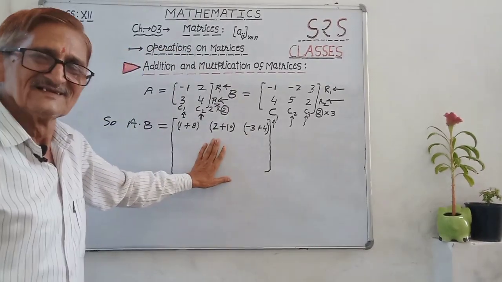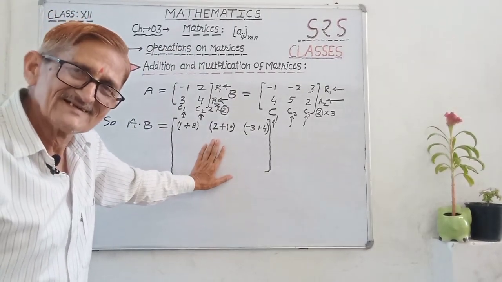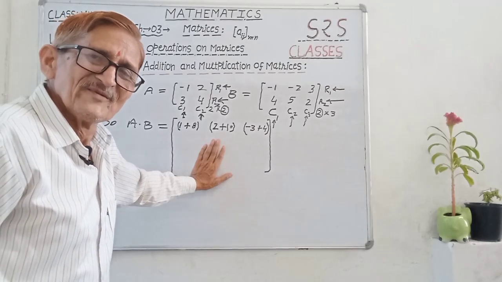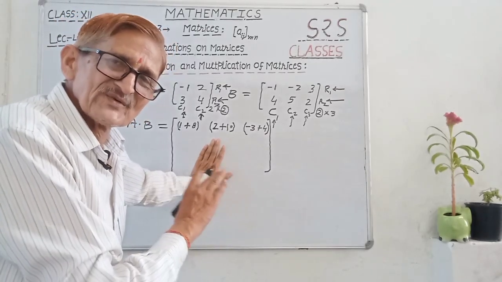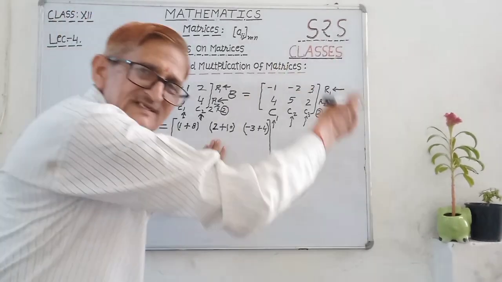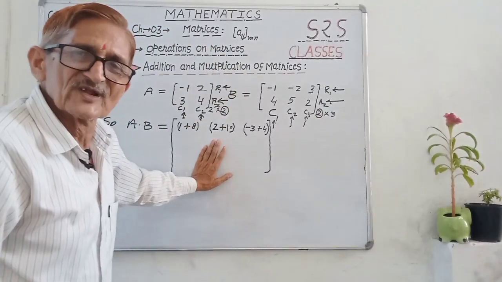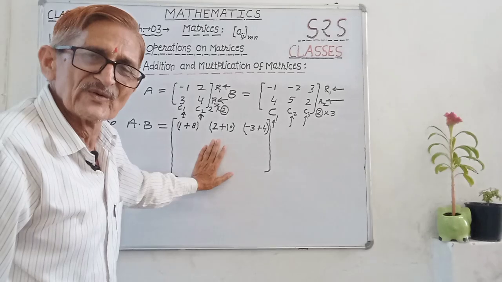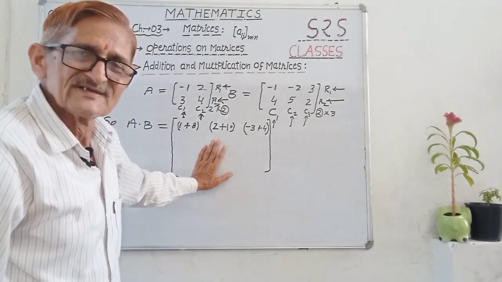Again I am repeating. दोबारा बता रहा हूँ मैं, क्या है, पहली मैट्रिक्स की रो दूसरी मैट्रिक्स के कॉलम से कोरस्पोंडिंग एलिमेंट मल्टीप्लाई करके उनको ऐड करना है.